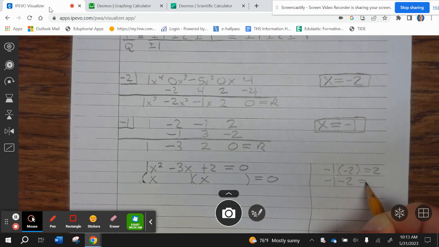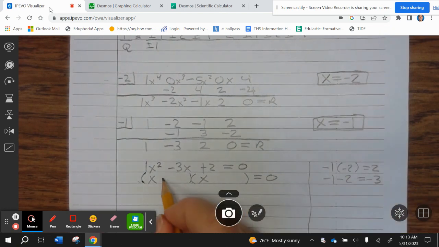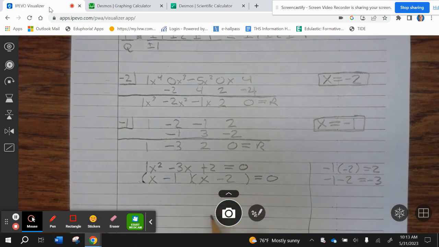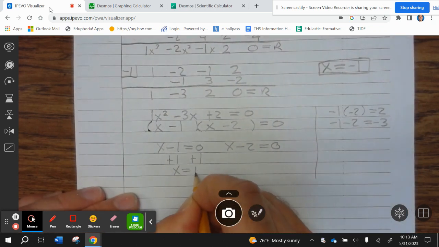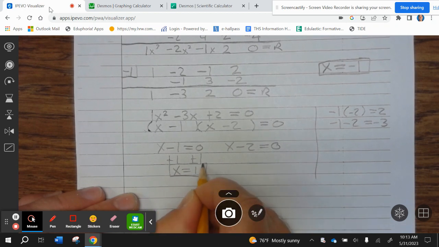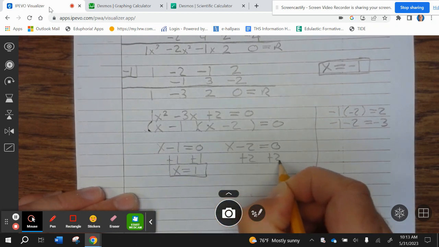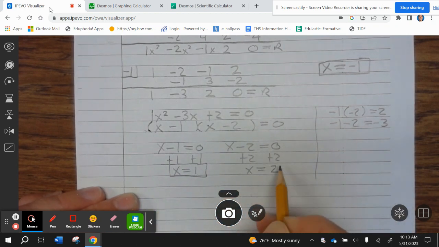Negative 1 minus 2 is negative 3. Well, that works. So our factors are x minus 1, x minus 2. So x minus 1 equals 0, x minus 2 equals 0. Add 1 to both sides, x equals 1. Add 2 to both sides, x equals 2.